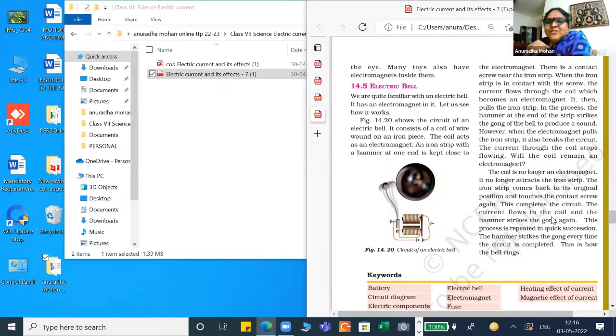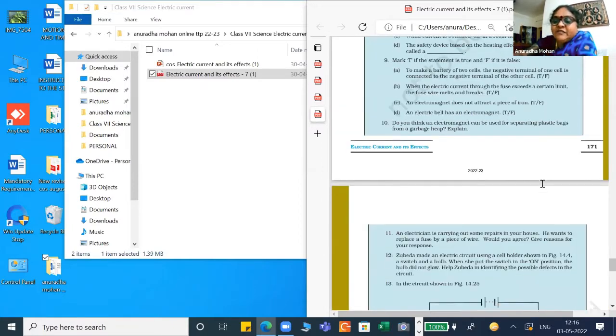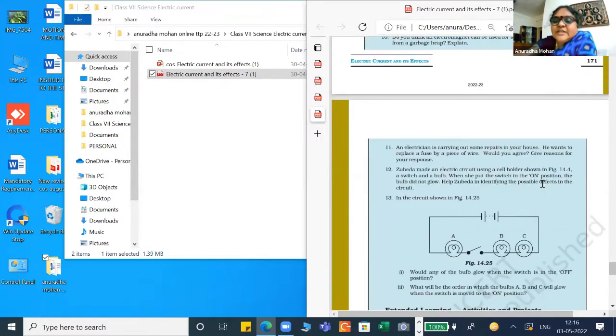Yes, good. So what we should do is just show them. This explanation is a little tough for children. They get confused, but you can get old electric bells from electrical shops. And there are a lot of beautiful exercises, odd questions, and extended learning.